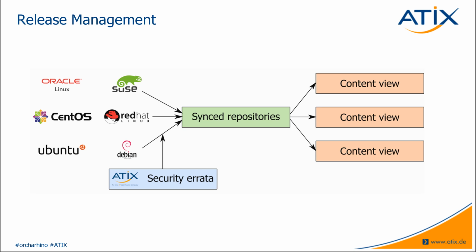For those of you who are not familiar with the concept, an erratum is basically like a package insert of a medicament. It tells you if a package is affected by a CVE, by a bug fix, or by an enhancement. So the erratum tells you what package is affected in what version, and to what version we need to upgrade the package to close the issue.